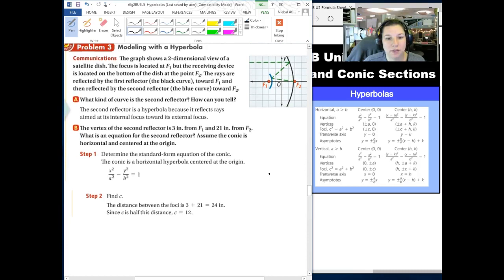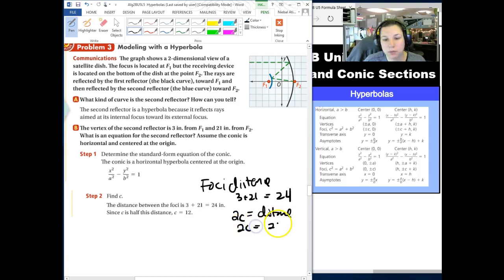And then to find the vertex, they tell you the vertex of the second reflector is 3 inches from F1 and 21 inches from F2. So they've given you the distances there. So that's the foci distance. Okay, so 3 and 21 gives me 24. If you remember, 2c equals that distance. So 2c equals 24.